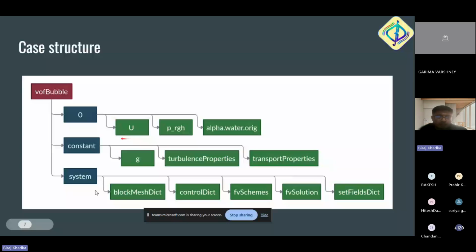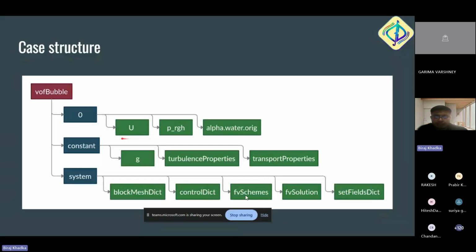For the mesh, we need to define the number of divisions, coordinates, patch names, and the blocks inside the blockMeshDict. Inside the controlDict, we can define the start time, end time, time step size, and functions to calculate the force coefficients and so on.